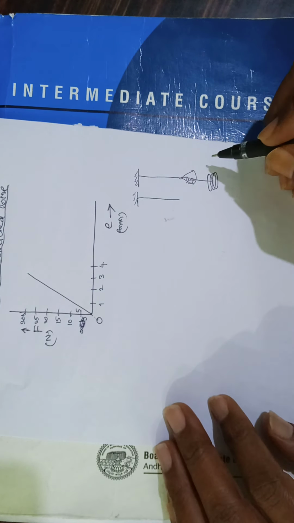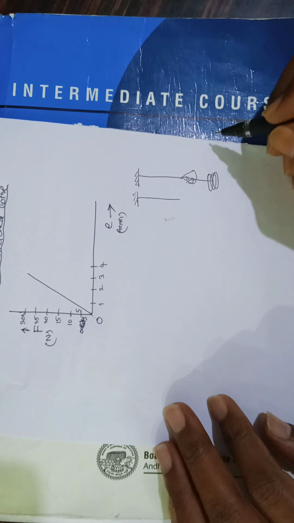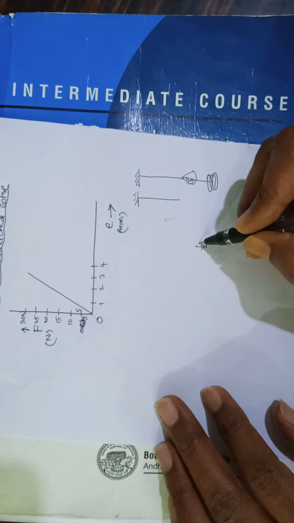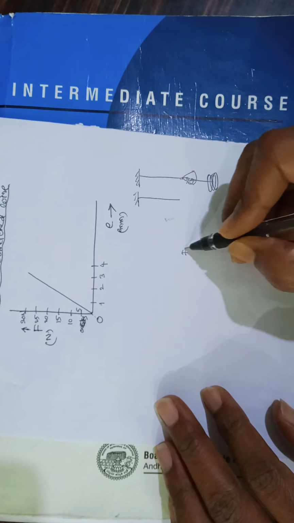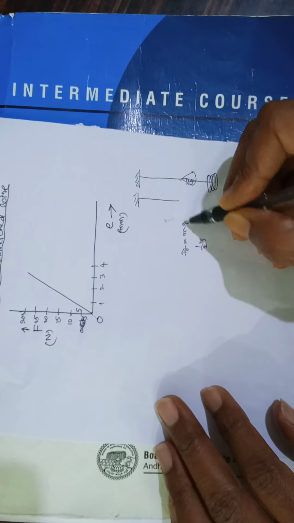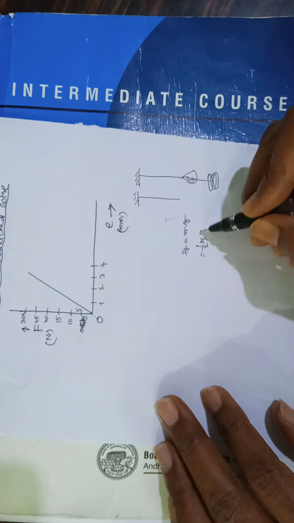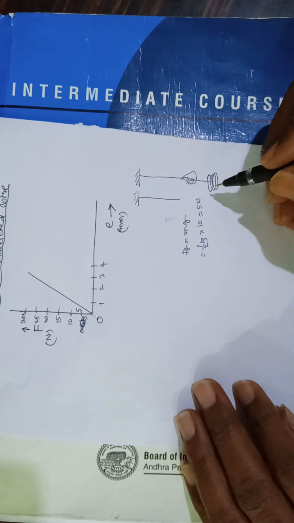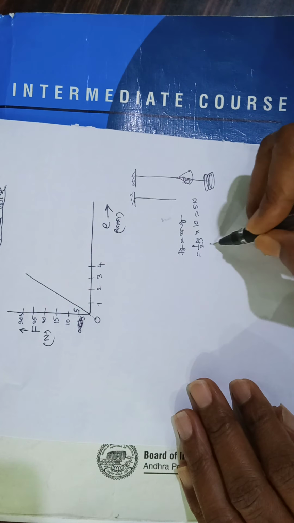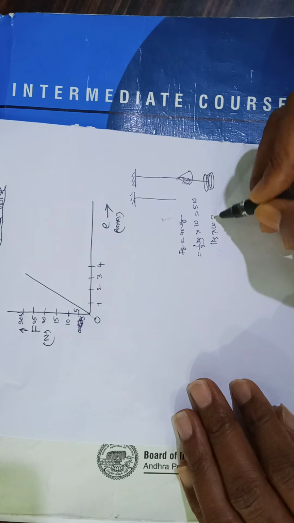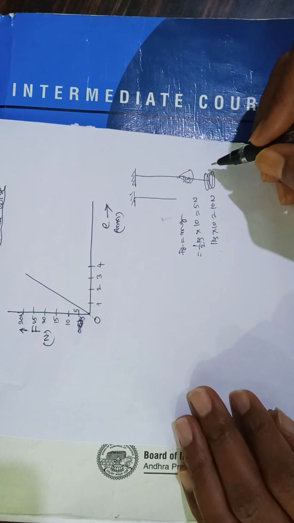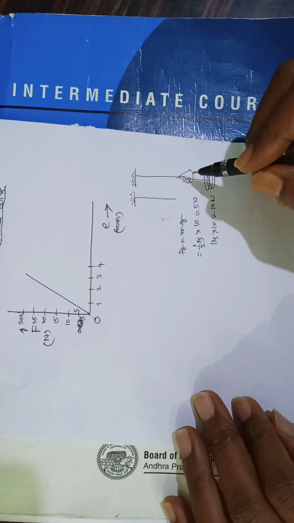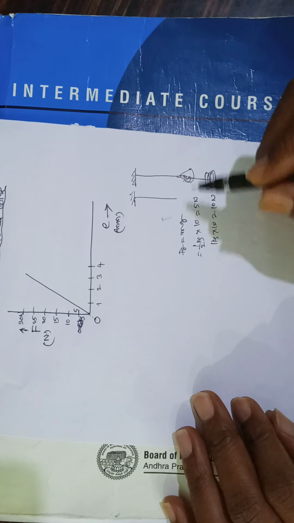Each time we placed a half kg weight. When you placed a half kg weight, the gravitational force working on that is mg. So half kg into g value 10, suppose, then 5 newtons. If you add another half kg, you get 1 kg into 10, that is equal to 10 newtons. In this way, you increased the load, so the force also increased.